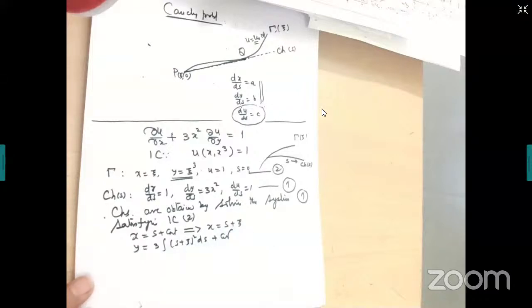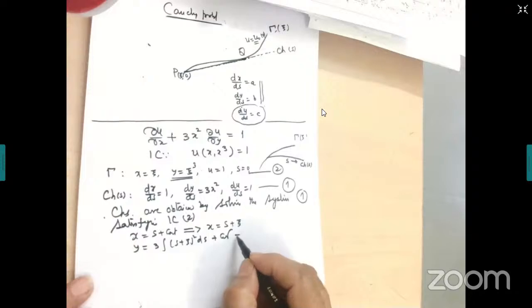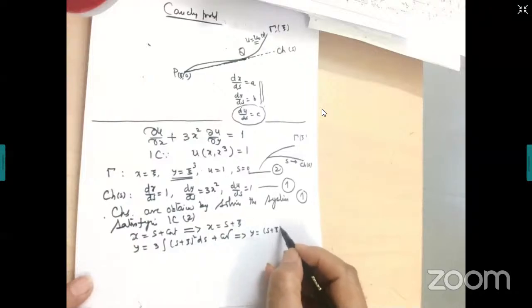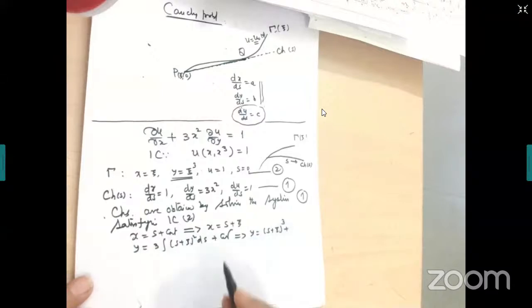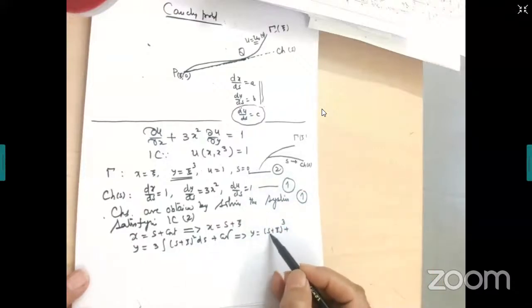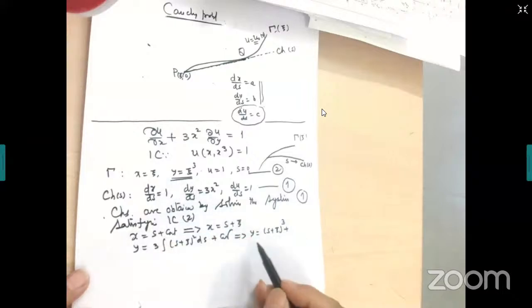Please tell me yes or no. Very good. So this is equal to (s plus xi) whole cube plus some constant. How will I determine that constant? Using the initial condition. When s is equal to 0, y is equal to xi cube.